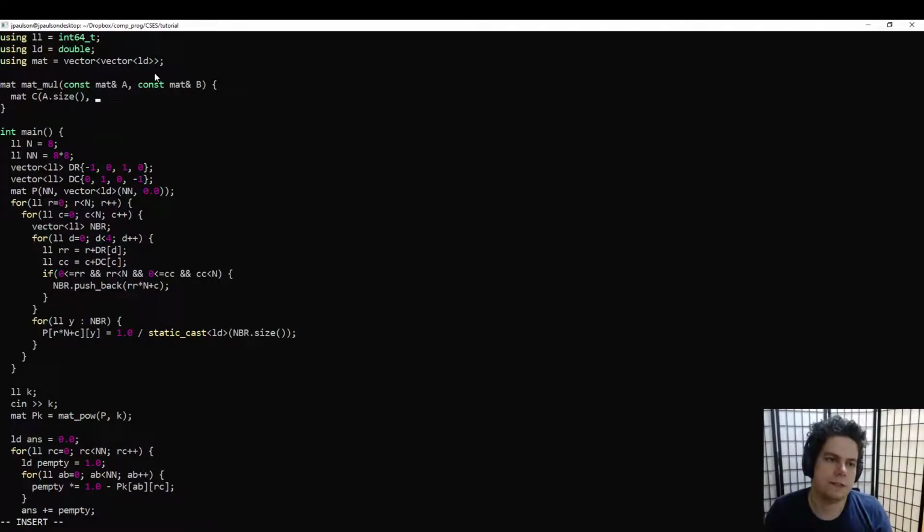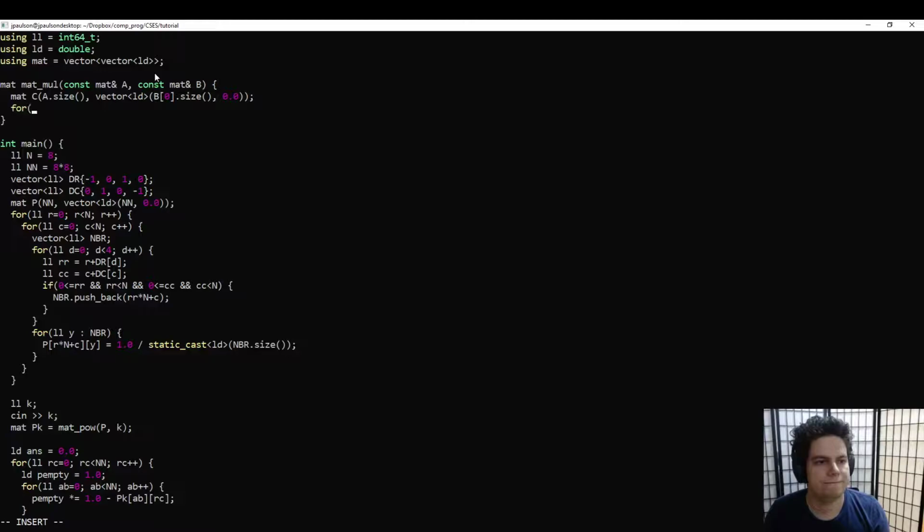A.size, vector of vector of doubles, B[0].size.